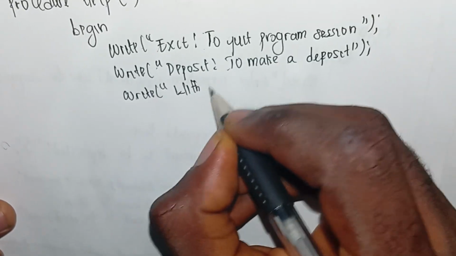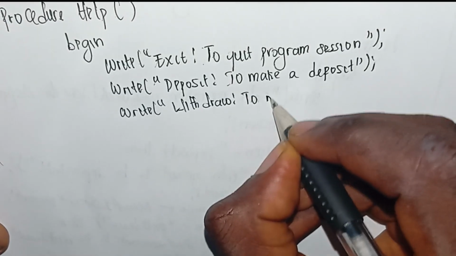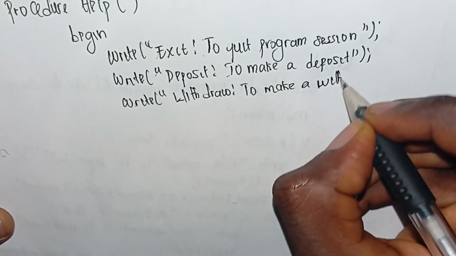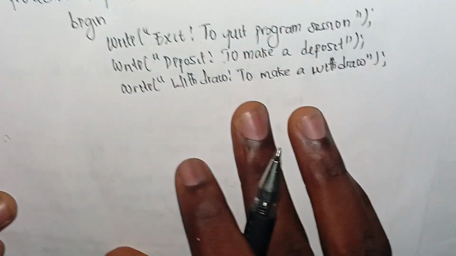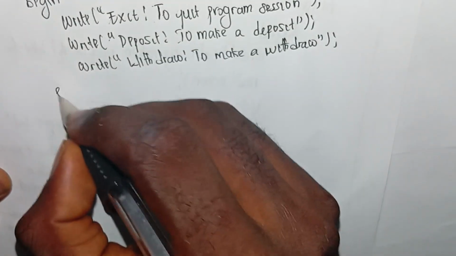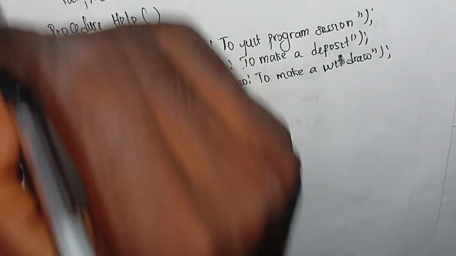Withdraw, to make a withdrawal. Then we want to end. So we want to begin our algorithm itself.